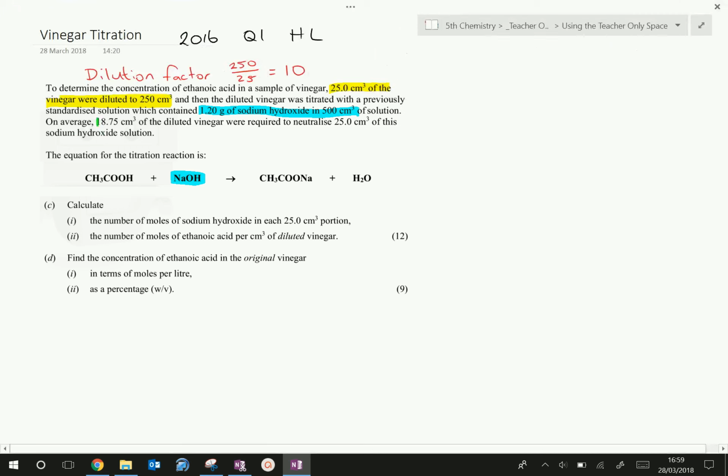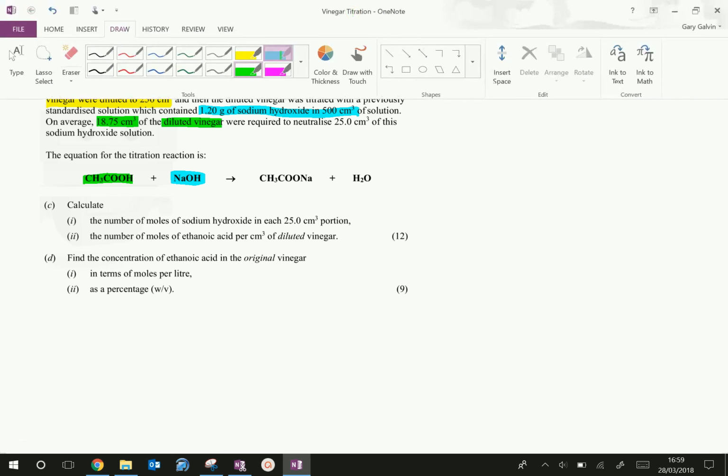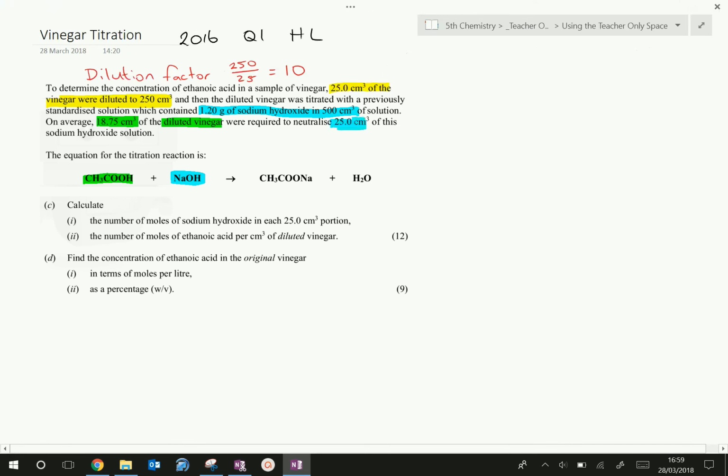On average, 18.75 ml of the diluted vinegar were required to neutralise 25 ml of the sodium hydroxide. My vinegar's green, and the 25 ml belongs to the sodium hydroxide, so I'm putting it in blue. Now every number has been assigned to a chemical.